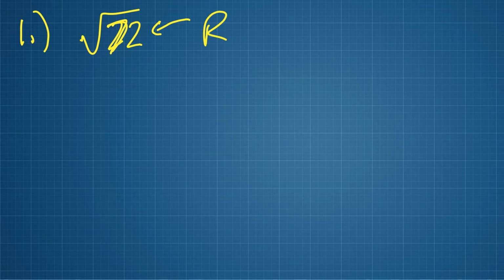All right. In radical 72, what is that called? The number inside the radical is always called the radicand.